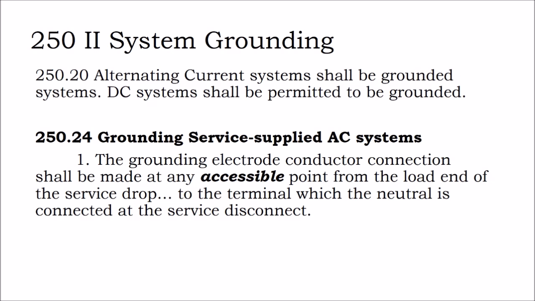You might draw your grounding electrode conductor off of that and drop into the ground, or that grounding electrode connection could be made all the way up to your utility service disconnect, where you're also bonding the neutral to your ground. So your ground rod could be out at your utility service disconnect. Your ground rod could also be at your load center, or it could be anywhere in between. So if you need to run your cables outside, go do it.